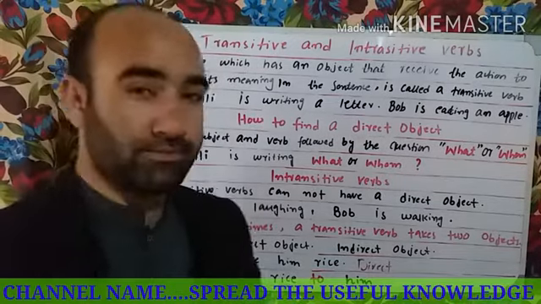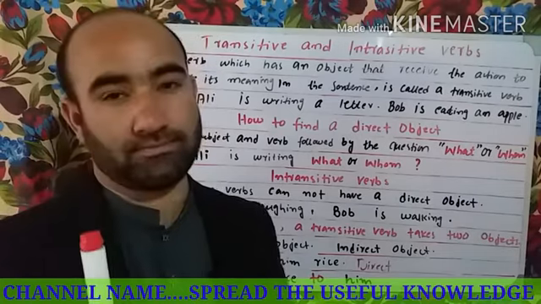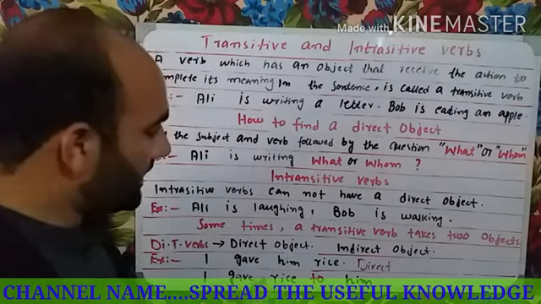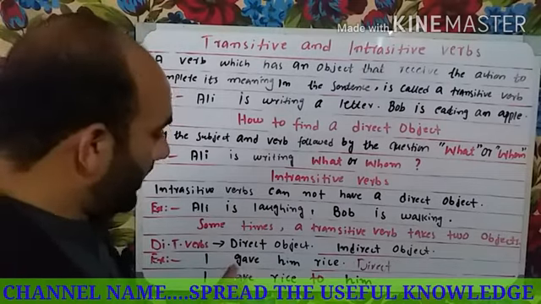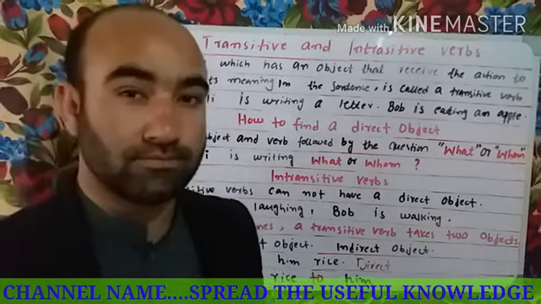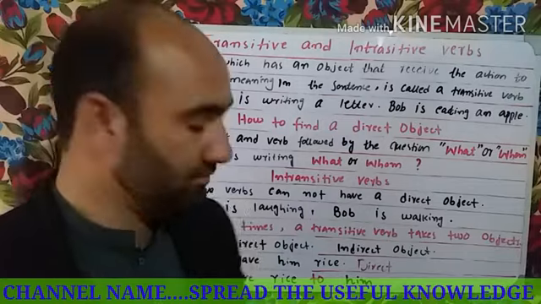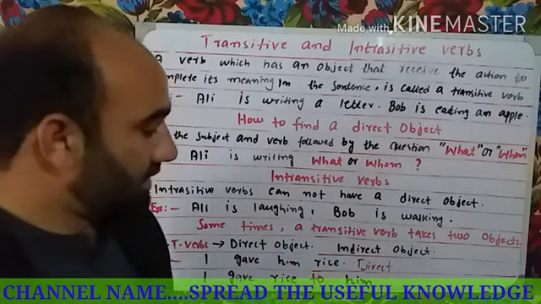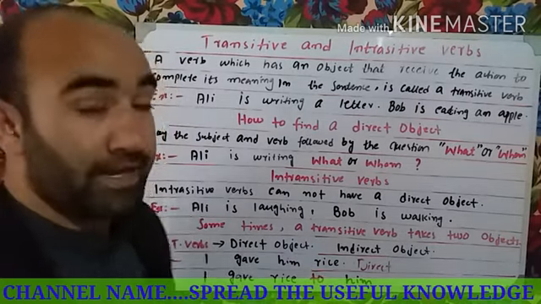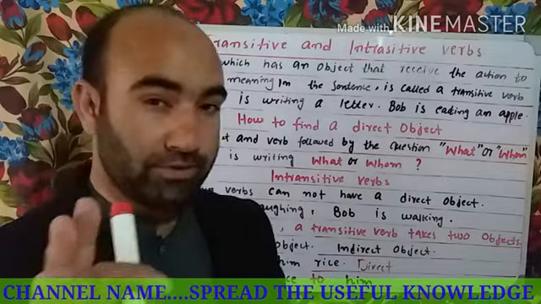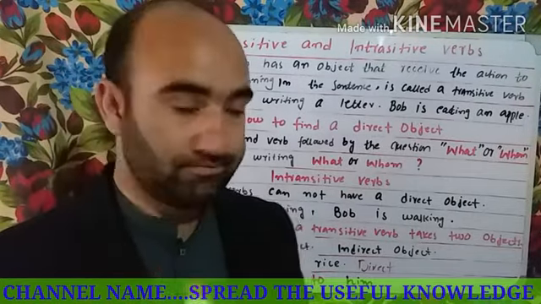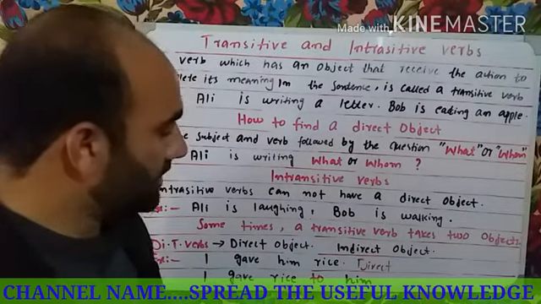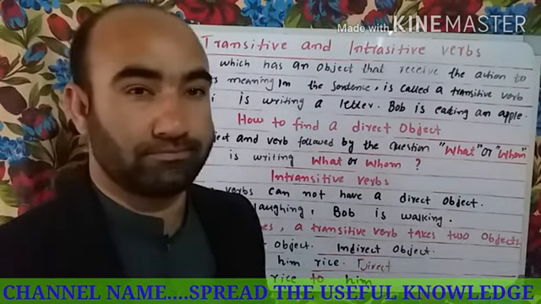But here is a point, don't get confused. If you say, I gave him rice, that is a simple example. But if you put the direct object after the main verb, then you have to put "to" there: I gave rice to him.